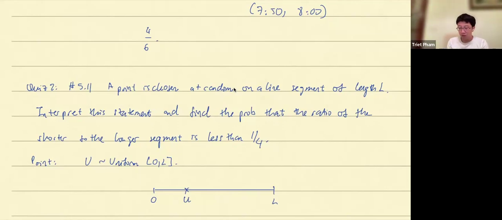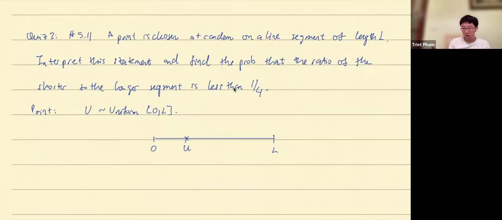So again, you see, this is the theme of a function of a random variable. The random variable here being U. And what are we looking at? We're looking at X, which is the ratio of the short to the long segment. And what's our task?